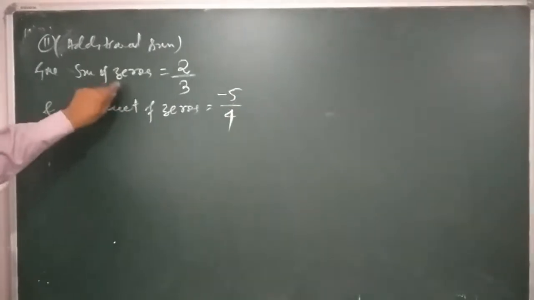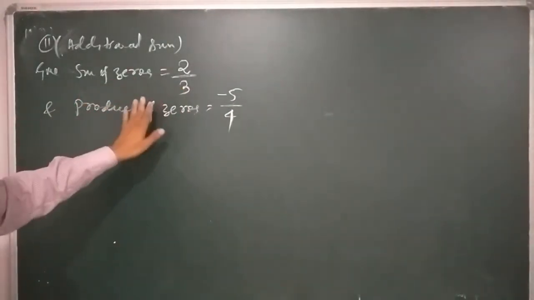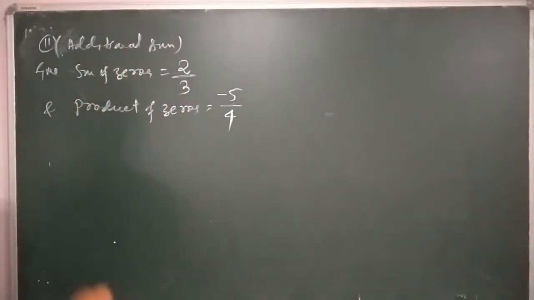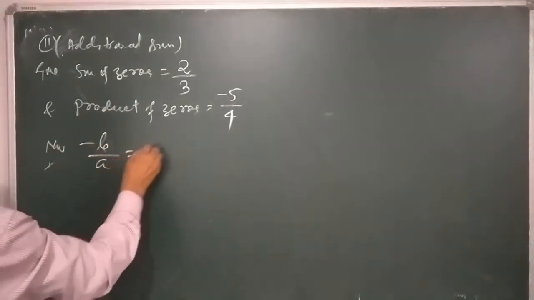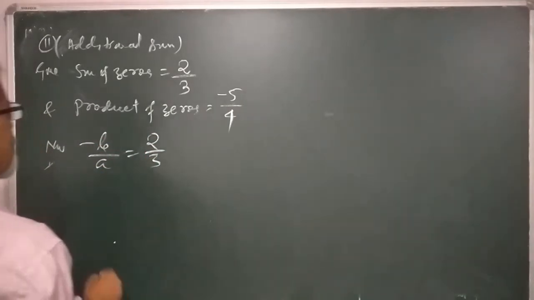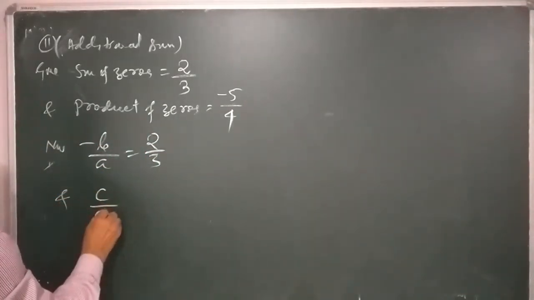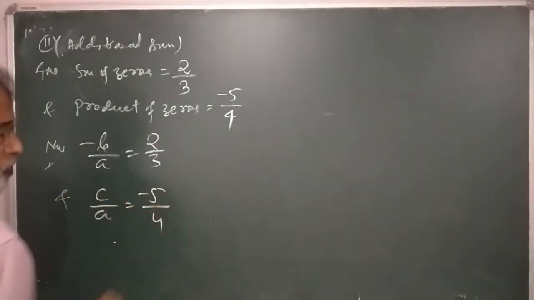These are the sum of zeros and product of zeros. You can write any numbers here. Now, minus b by a equal to 2 by 3 and c by a equal to minus 5 by 4.